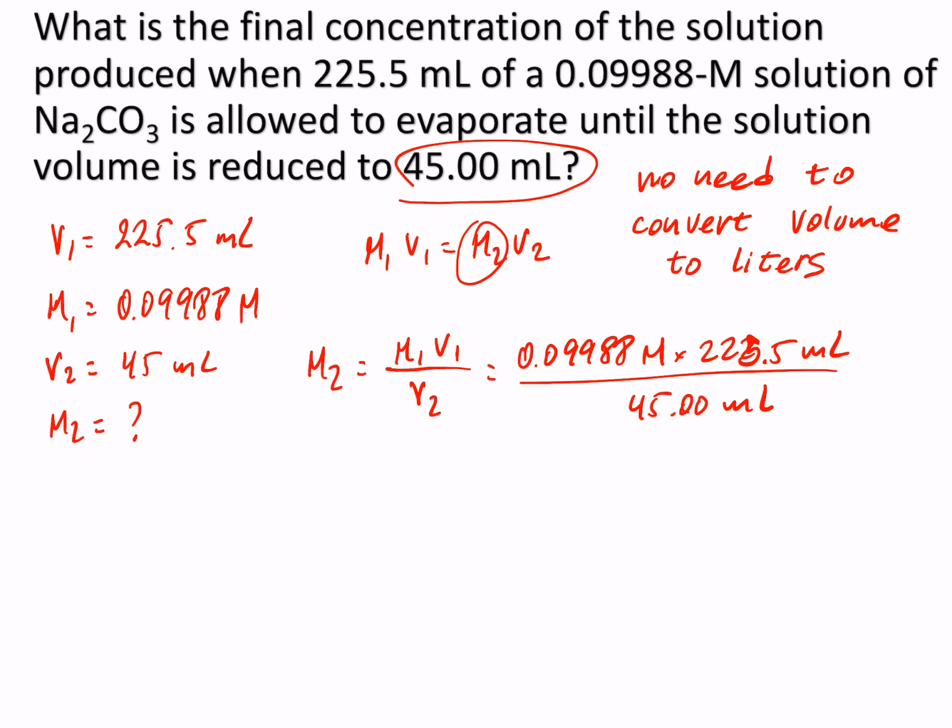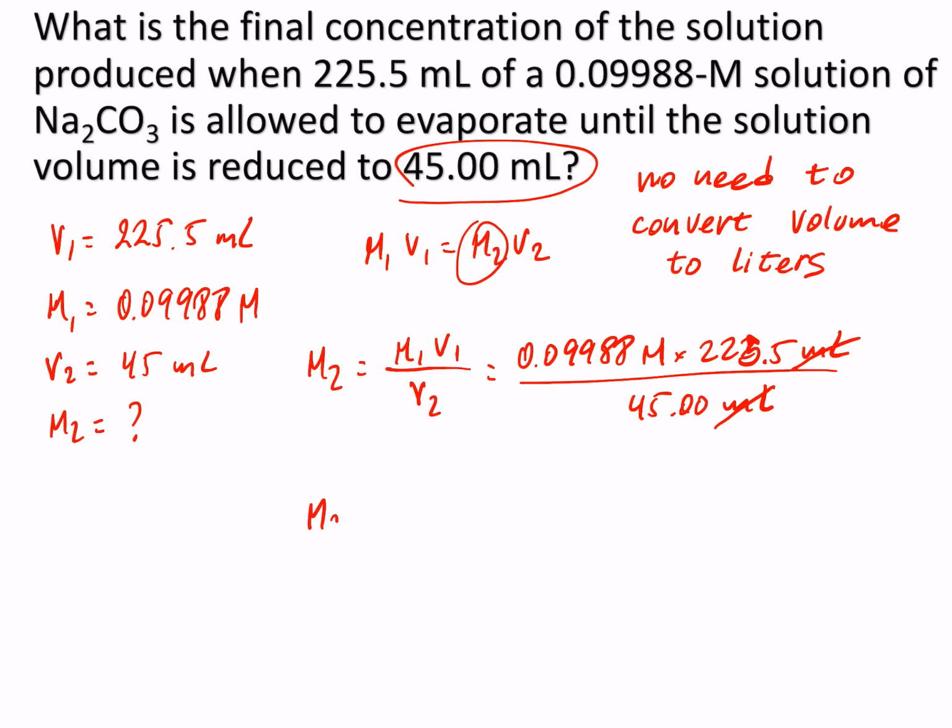So you take a look at the volume and you are canceling milliliters with milliliters, and the same thing is going to happen even if you change that to liters. Because you are canceling the volume units, there is absolutely no need to change it to liters because you are applying the same factor to each one of those volumes. So this is probably the only case that you don't really need to change it to liters.